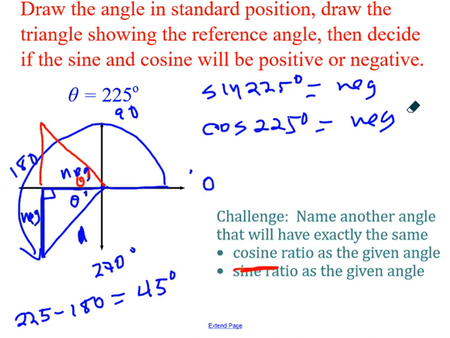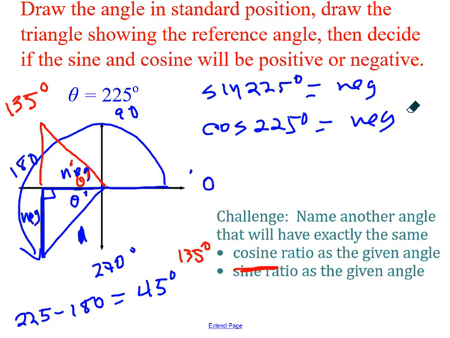I have a 45-degree reference angle, which means I need this angle up here to be 45 degrees. So if I go back 45 from 180, I should get 135 degrees. So that is an angle that would have the same cosine ratio as 225 degrees. Check that on your calculator.